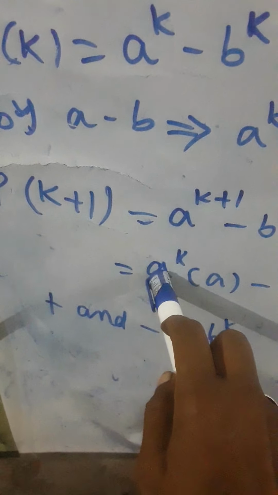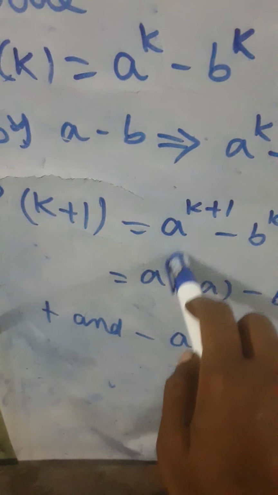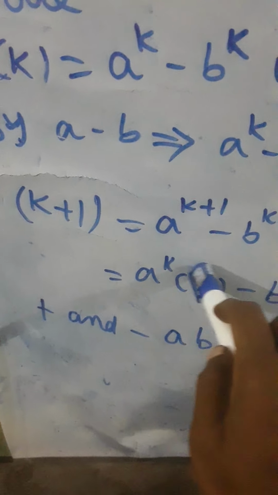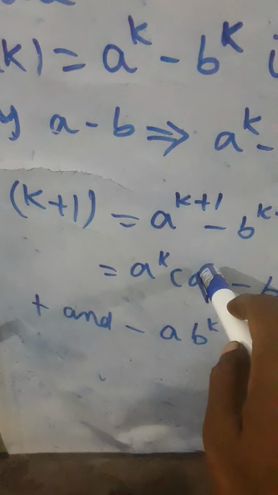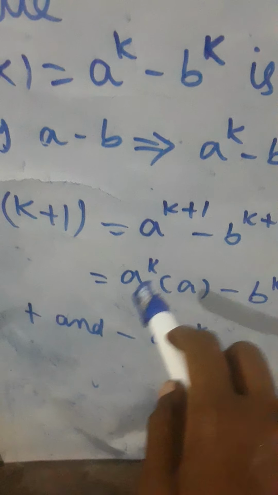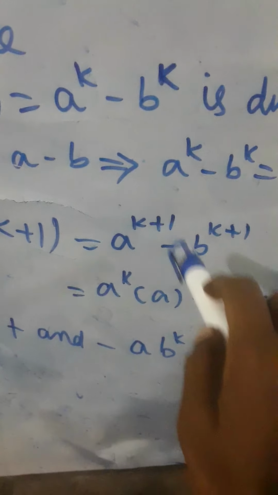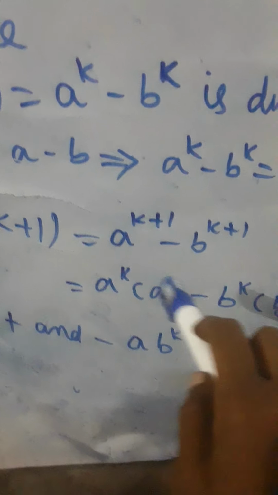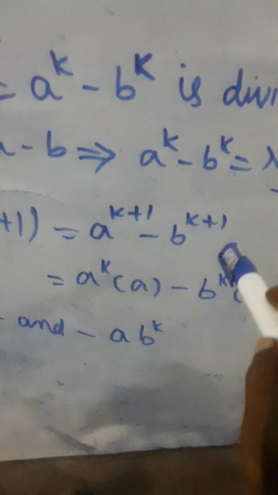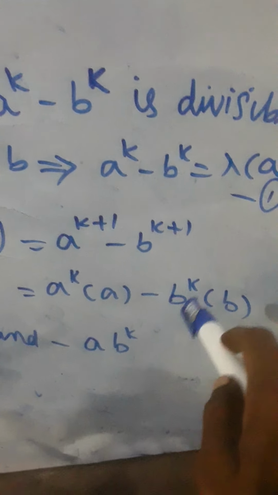That is, the base is the same, so the powers can be added. A power k plus 1 may be written as a power k into a. Similarly, b power k plus 1 may be written as b power k into b.